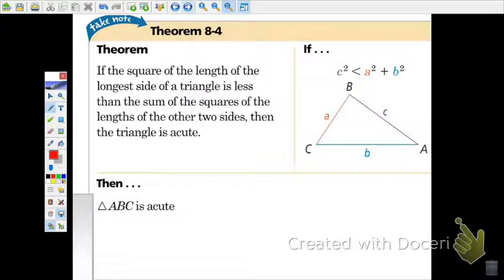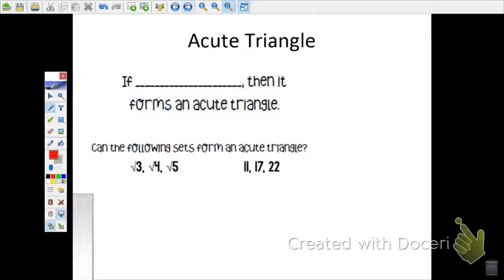So for this one, it says if the square of the length of the longest side of a triangle is less than the sum of the squares of the lengths of the other two sides, then the triangle is acute. So when we look then, if you open up that acute triangle piece, the key thing here is writing it with the c squared on the left side.